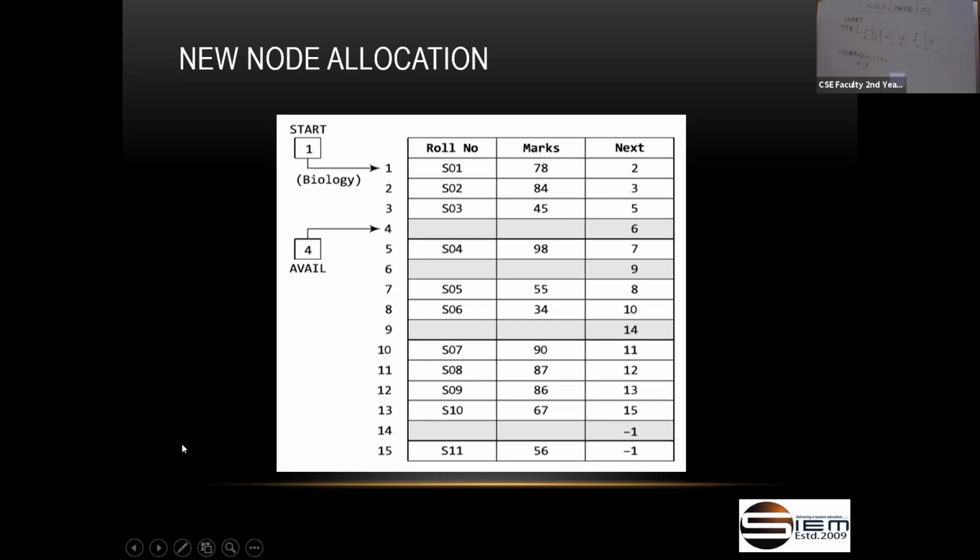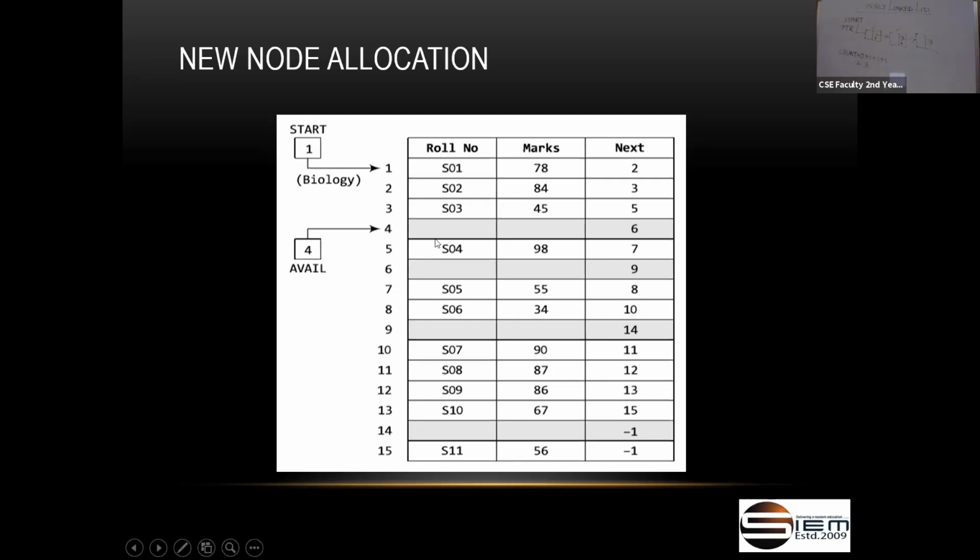So what the operating system does, from time to time, the operating system keeps collecting the free spaces and maintains a linked list for that, so that the free spaces can be allocated whenever required. So suppose 4, 6, 9, 14 are free spaces.